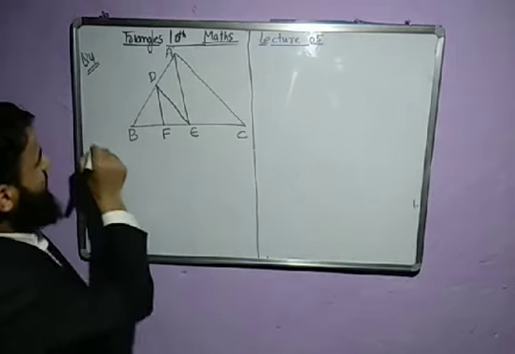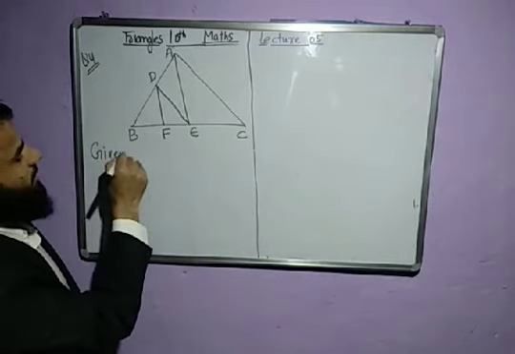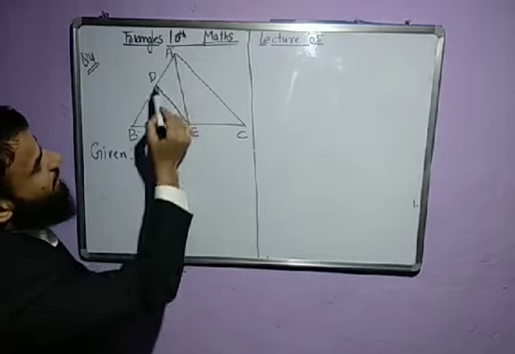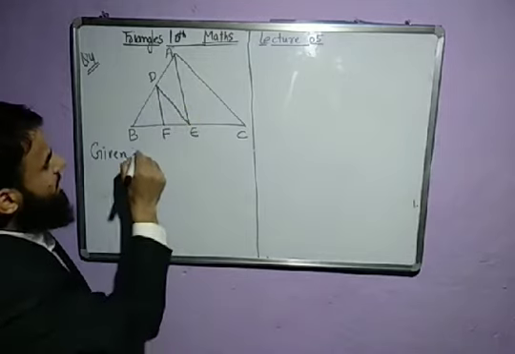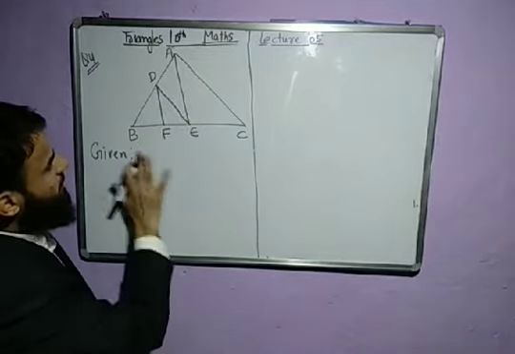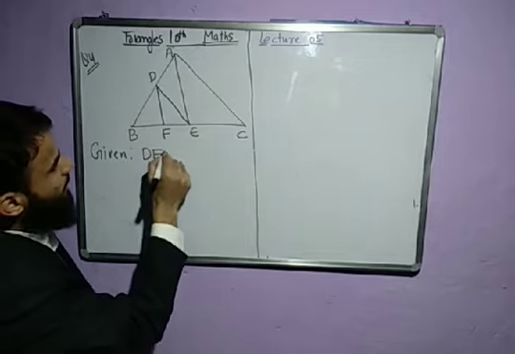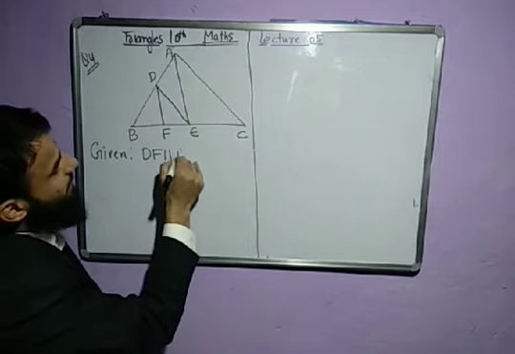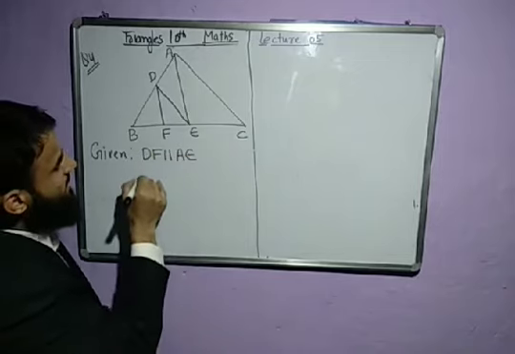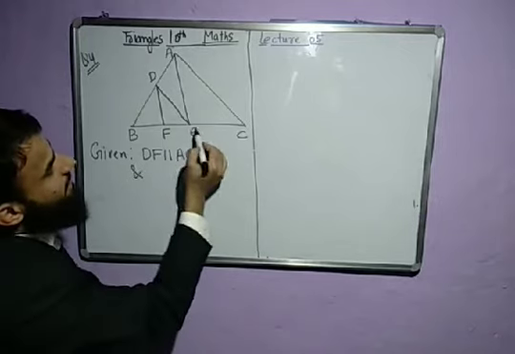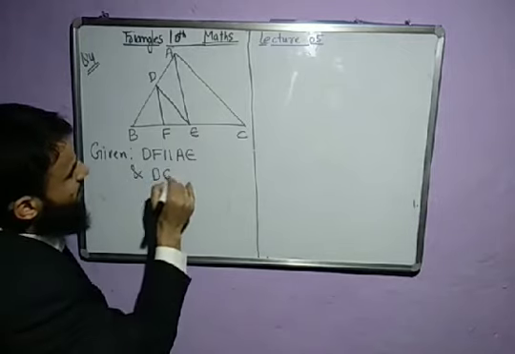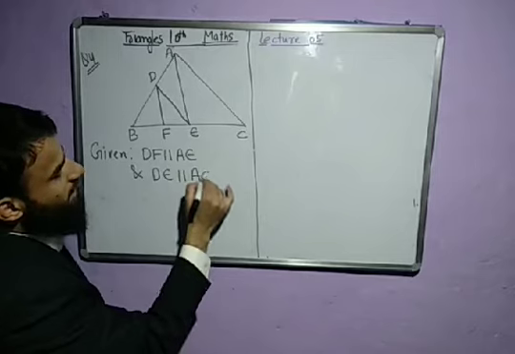What is given? I will write here, given DF is parallel to AE. So DF is parallel to AE. And the second thing is that DE is parallel to AC.